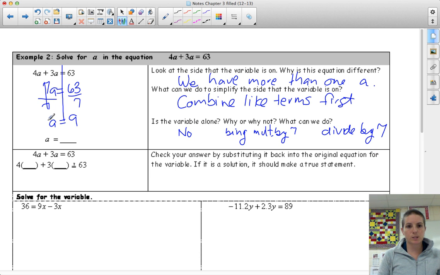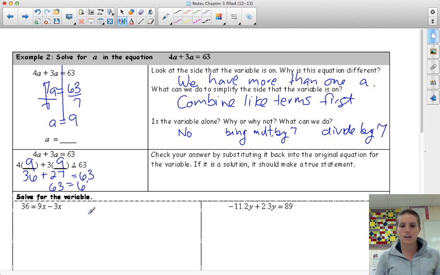Check your work by substituting that value back in. So if I do 4 times 9 plus 3 times 9, that's 36 plus 27. Does that equal 63? 50 and 13, so yes, 63 is the same as 63, so I did just fine.